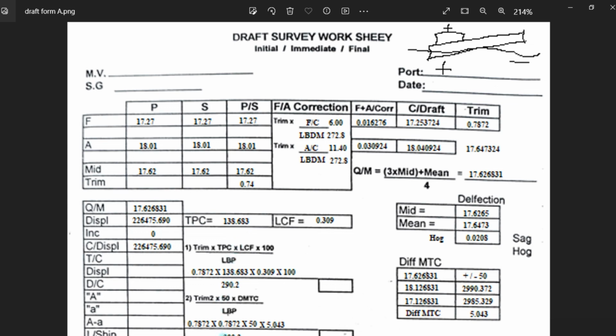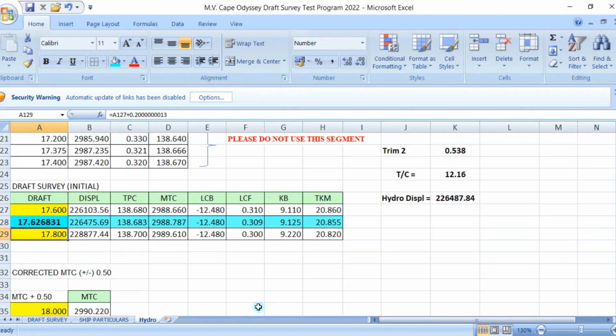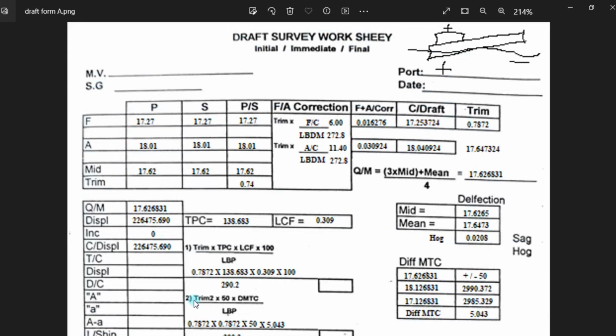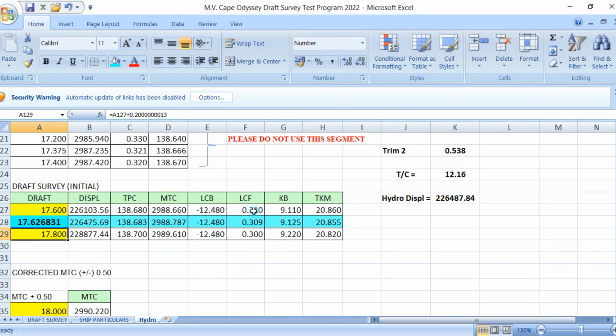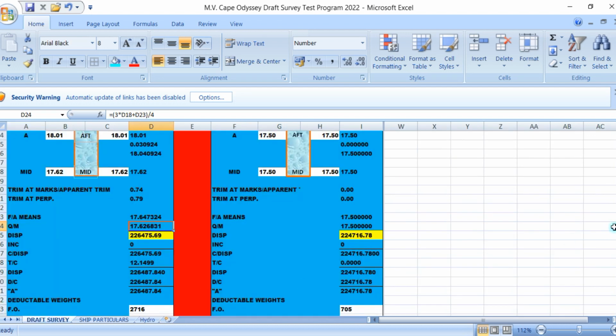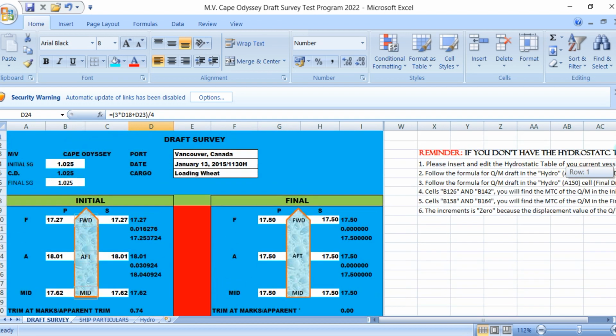TPC here is 138.683, and the LCF is 0.309. This is on this kind of drop survey.